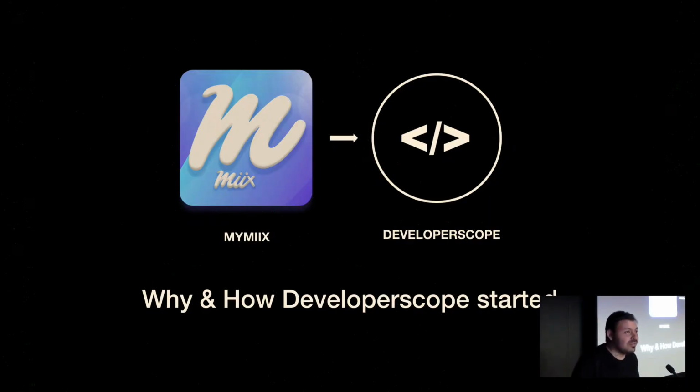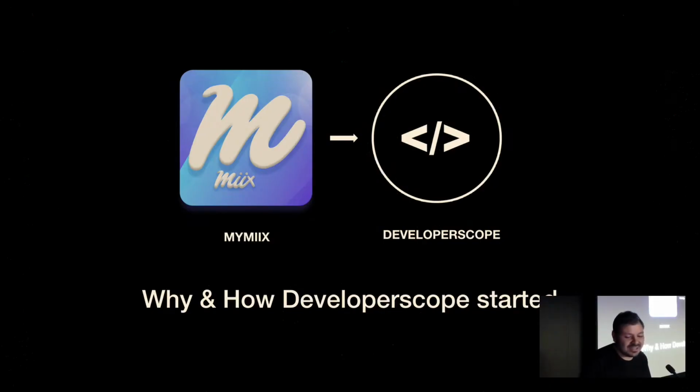So during the pandemic, I was working on a social networking platform that I created, and it was basically hard to find co-founders while I was at home. So I wanted to find them on the internet, but I couldn't.